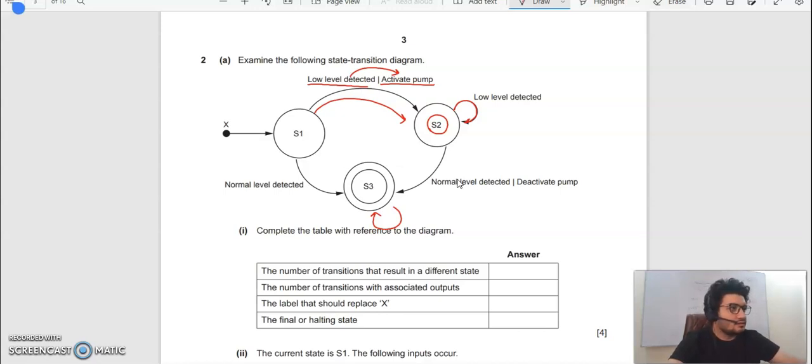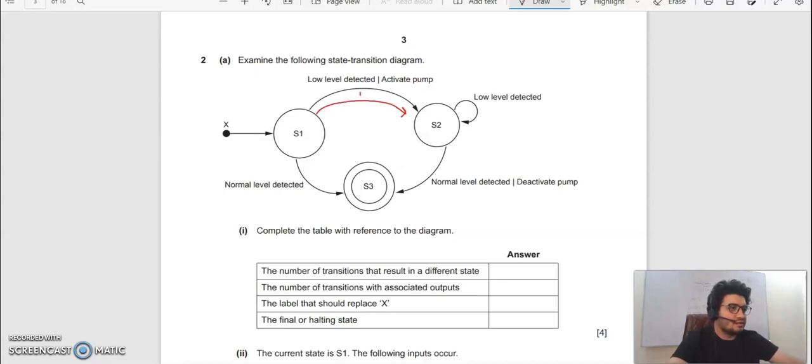Anyway, let's go on and have a look at the question. It says the number of transitions that result in a different state. So essentially, how many transitions or inputs do we have which are going to cause me to go from one state to another. So let's just have a very quick look at it. I think what makes you go from state 1 to state 2 is low level detected.